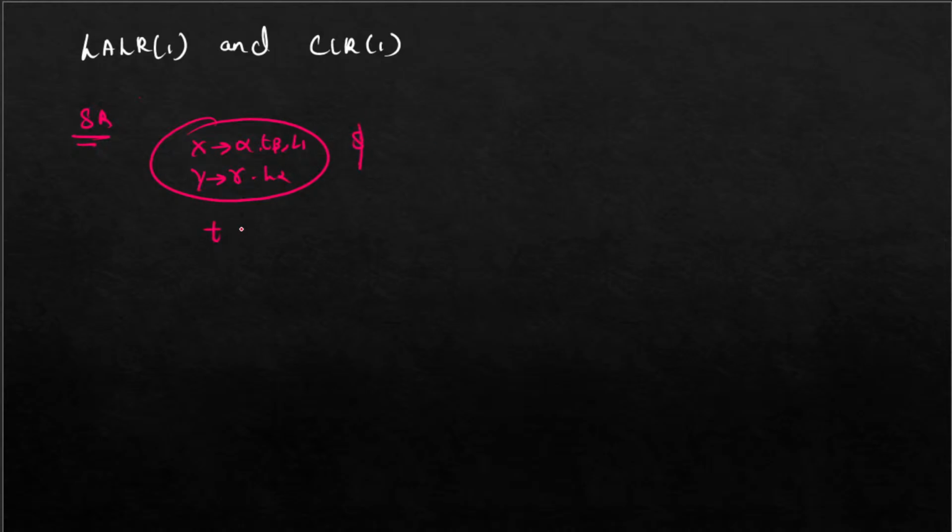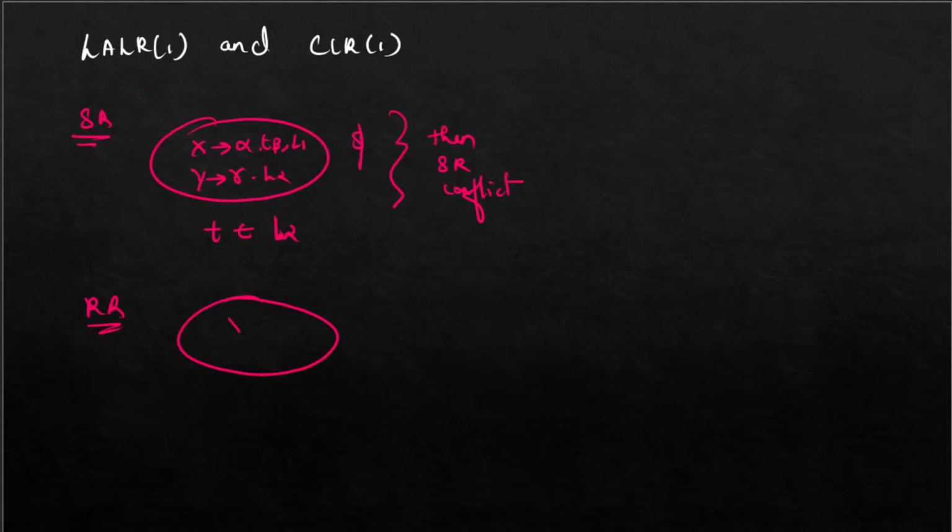If this t belongs to L2, then here will be an SR conflict. Here RR conflict means: this is the state, X deriving like this with L1 and Y deriving beta with L2, and L1 intersection L2 is not phi. Then this is an RR conflict.